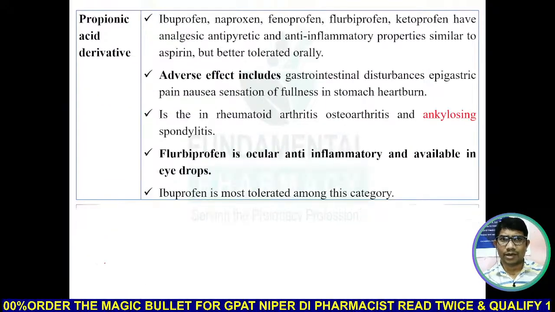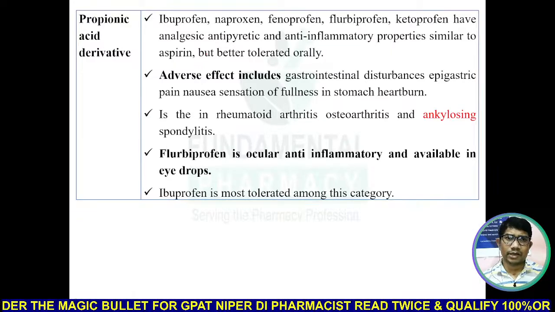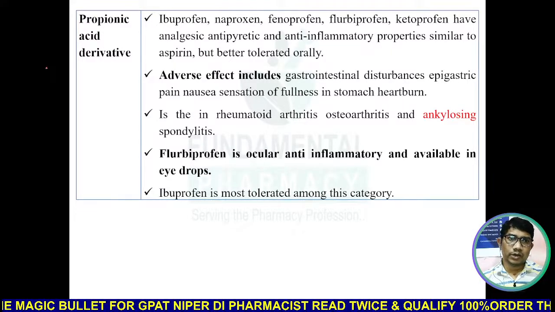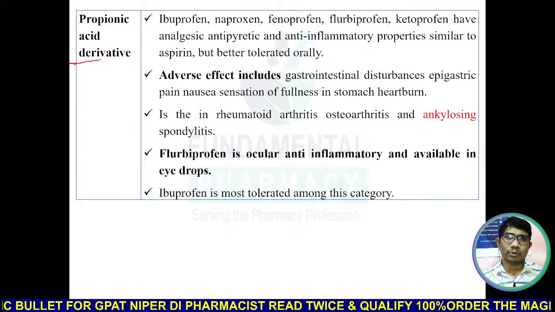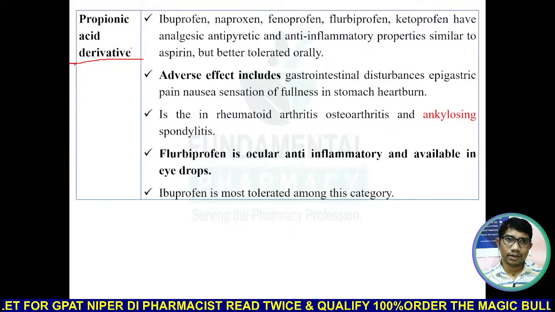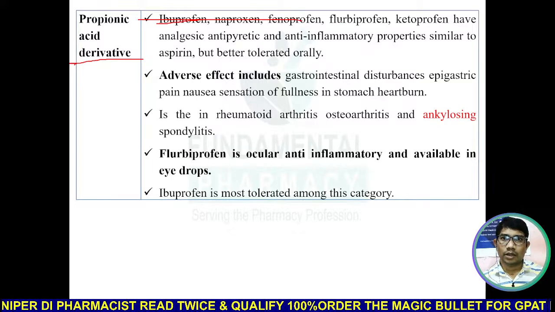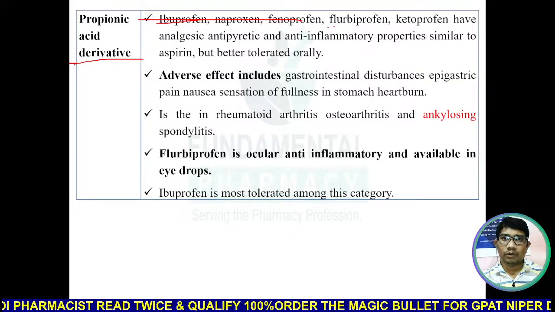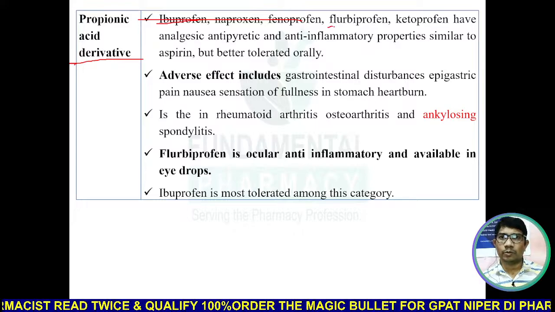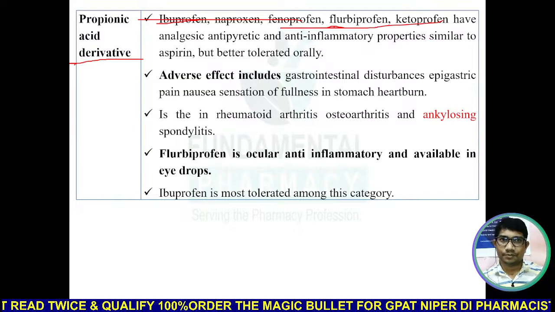ओके, आफ्टर दैट नेक्स्ट वन इज अ प्रोपियोनिक एसिड डेरिवेटिव. इसमें आता है आपका आइबुप्रोफेन, फेनोप्रोफेन, नेप्रोक्सेन. Then flurbiprofen, ketoprofen.